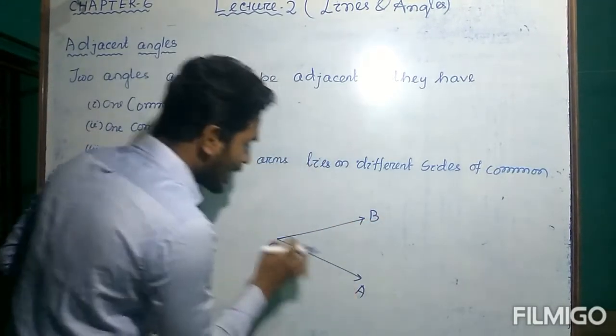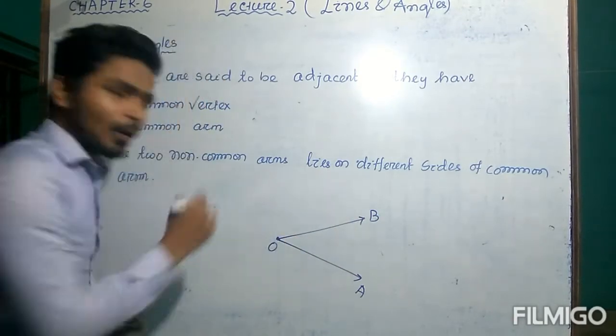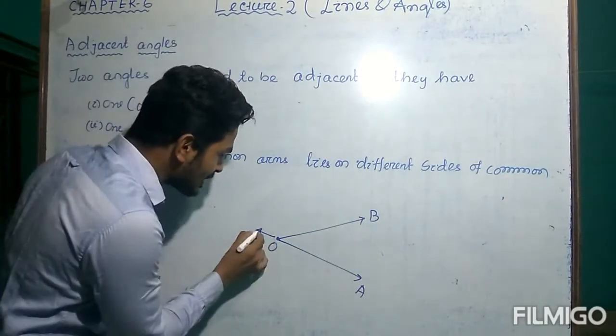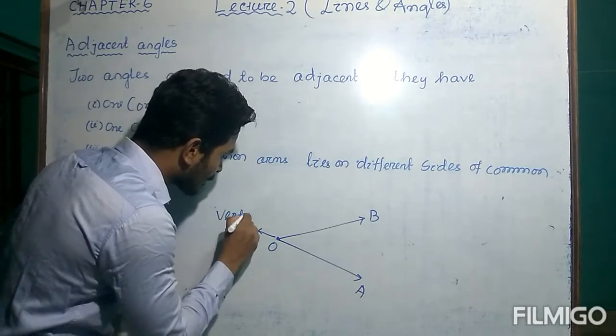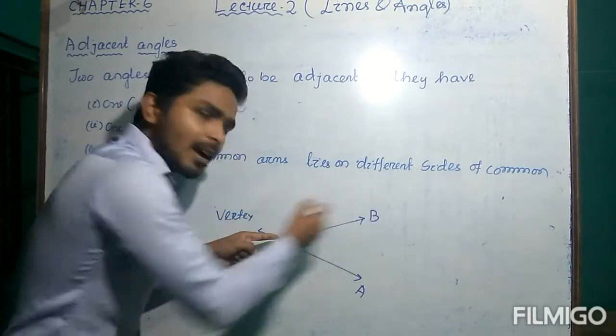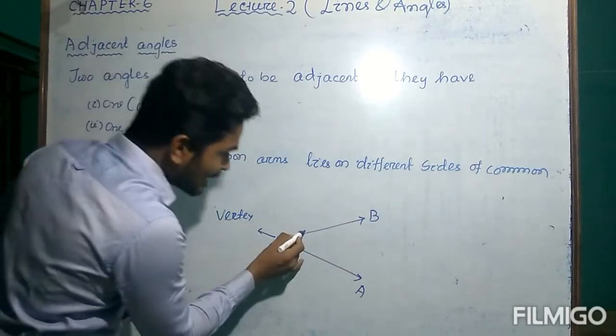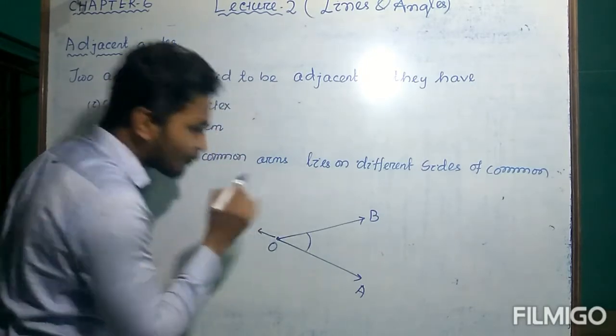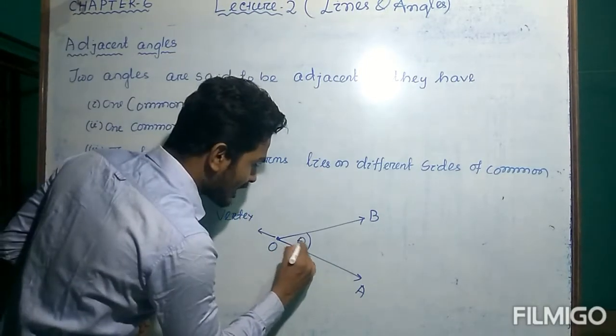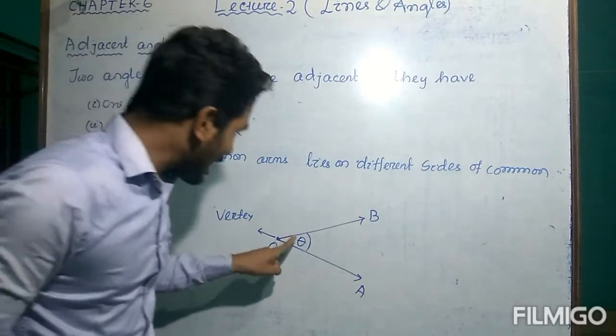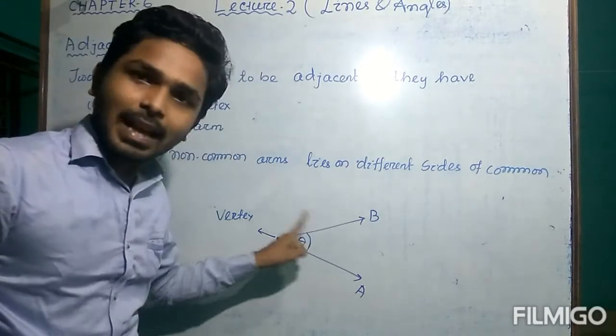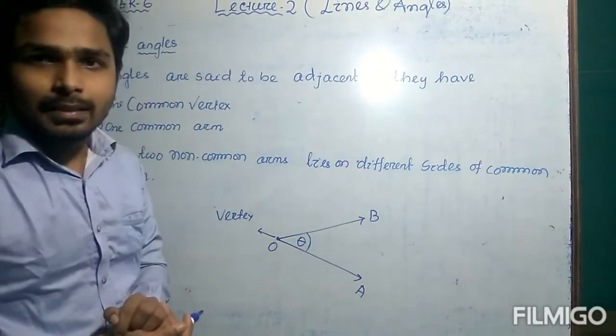Both OA and OB start from a single point, and that point is known as the vertex. From this point two rays originate, and in between them an angle is formed. It is known as theta. So an angle has two arms and only one vertex.